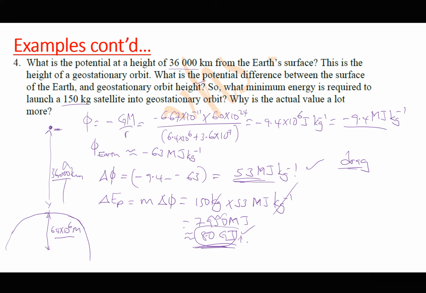This is the minimum to put it into that orbit. If we give it exactly this, we have assumed that there is no drag. Otherwise, if there is drag or frictional force or air resistance as it is moving, then we must give it more energy slightly above this to compensate for that which will be lost in doing work against friction.